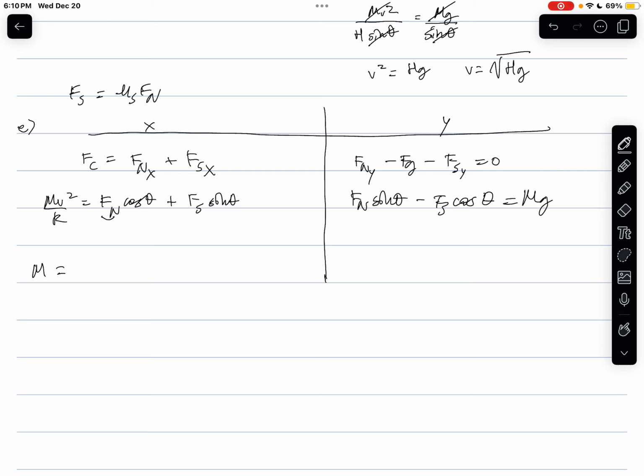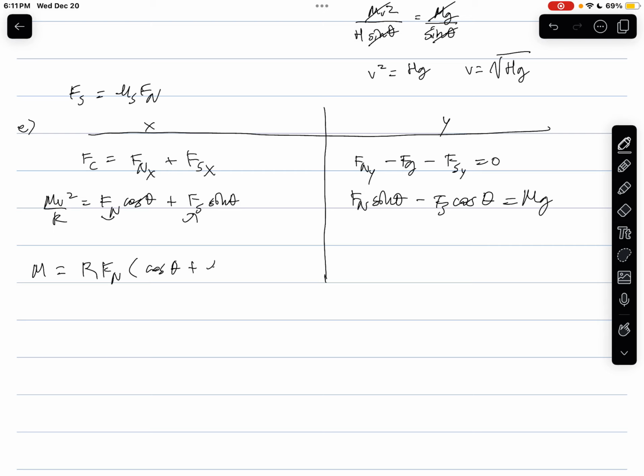So m is going to be, like I said before, I'm going to take the Fn out. And there's Fn in here, which is going to leave Fs with just mu s. So Fn cosine of theta plus, oh wait, there's also r. So r there, and take Fn out, so it's going to be left with cosine of theta.